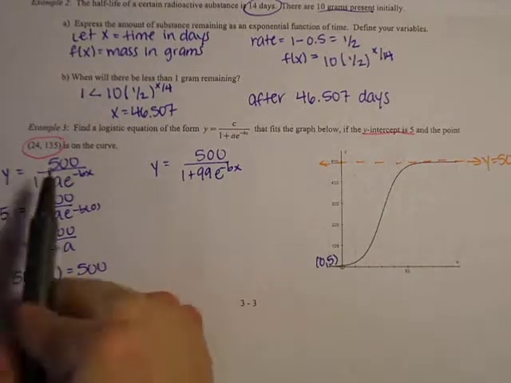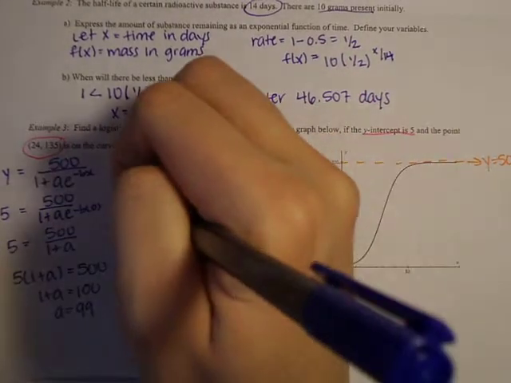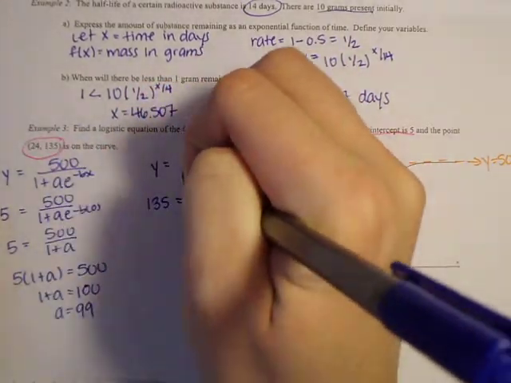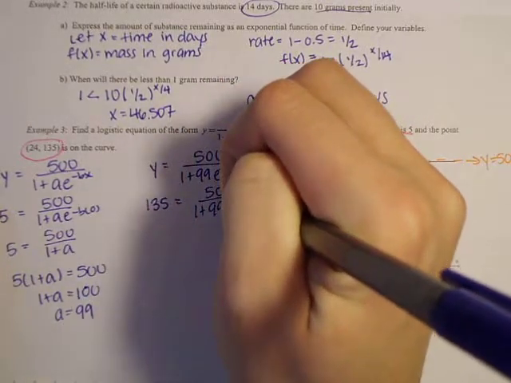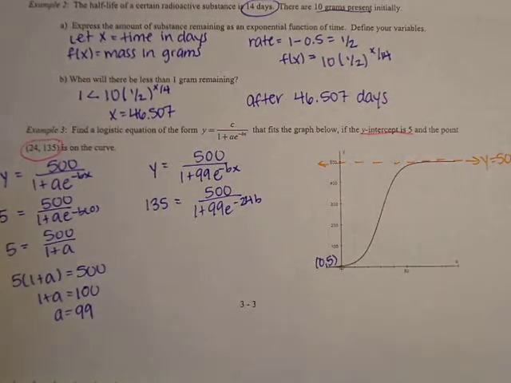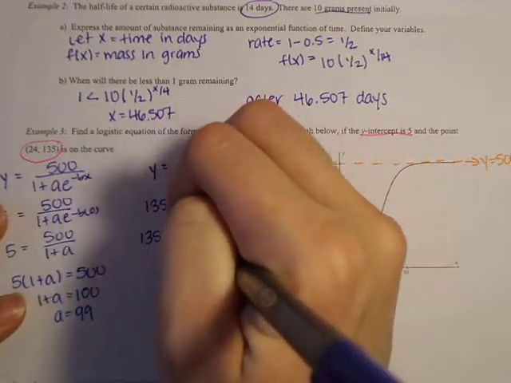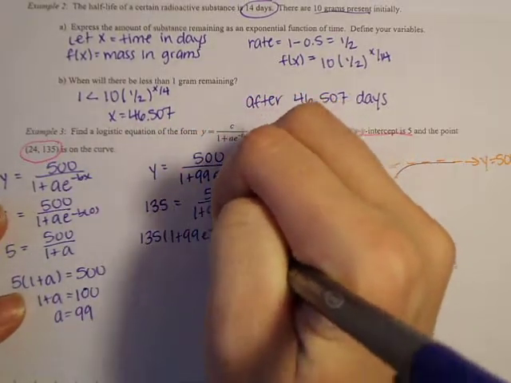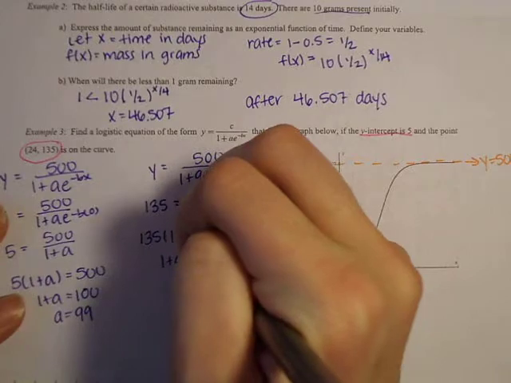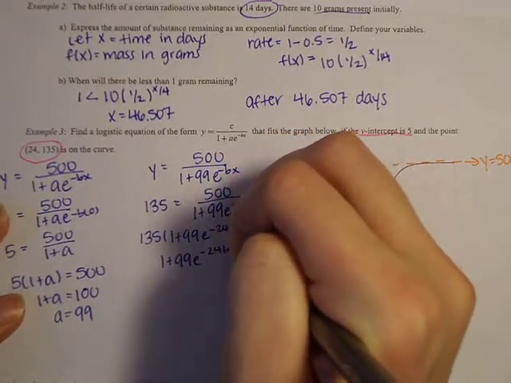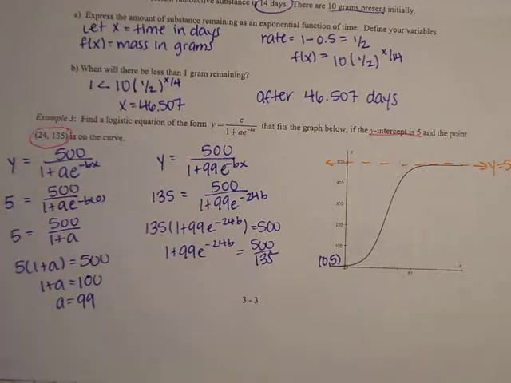So now we're going to use our point (24, 135) to solve for our b value. So we'll plug in 135 for y and 24 for our x. And then we're going to multiply over, divide by 135, and here it'll be best to use the calculator to determine what our x value is.